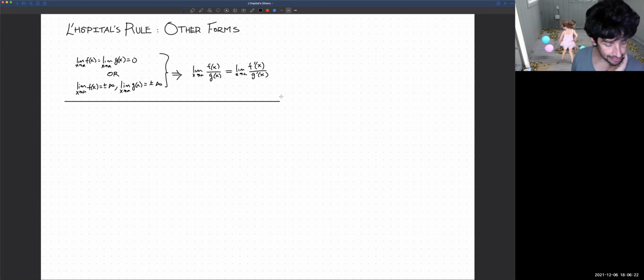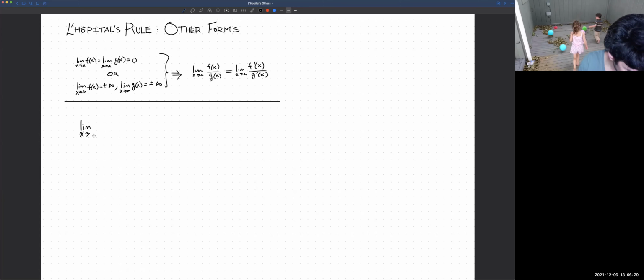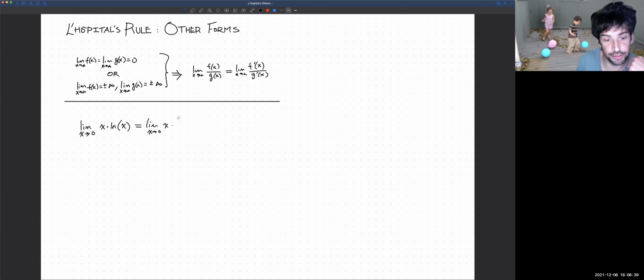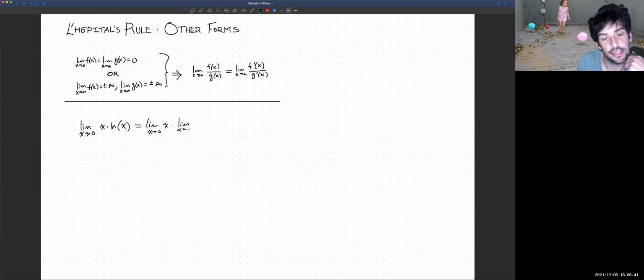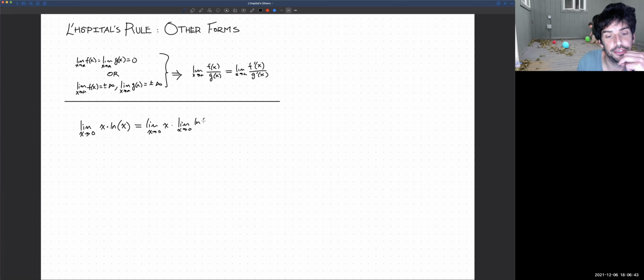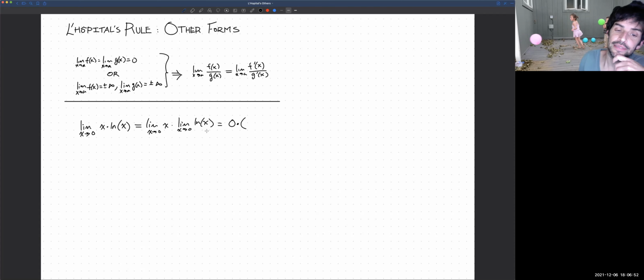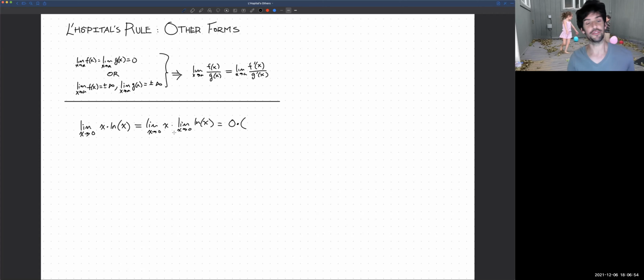If I look at the limit as x goes to 0 of x times the natural log of x, my limit laws tell me I can look at the product of these two limits. As x goes to 0, x goes to 0. So this first limit is 0. The problem is this second limit, as x goes to 0, the natural log of x.